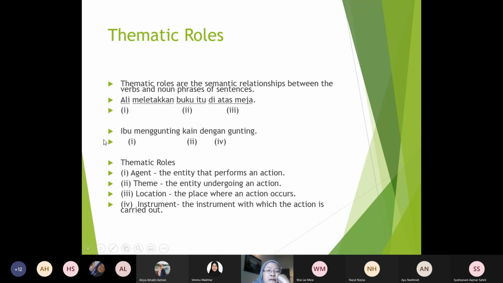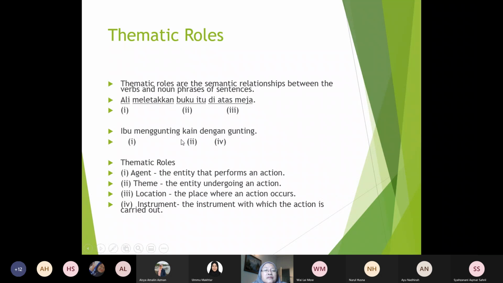Okay. And then the same with this. Of course, with this, it gets ambiguous. Ibu menggunting kain dengan gunting. Because you can say it with the instrument meaning, and then the one without the instrument meaning.